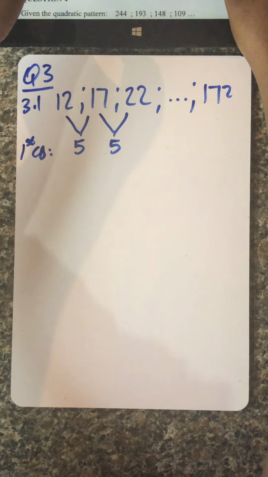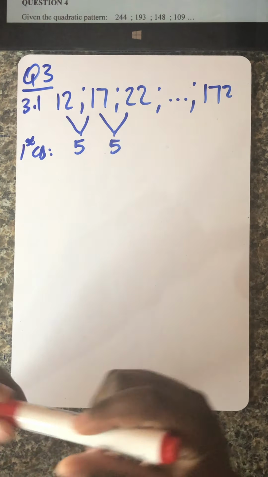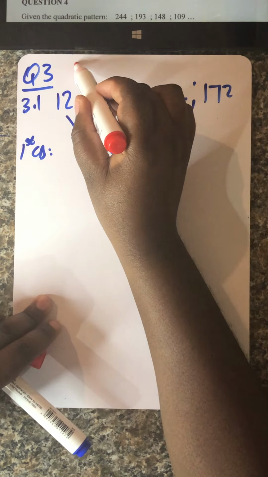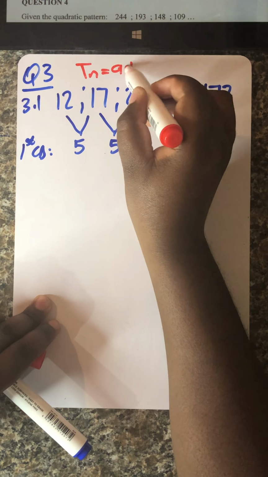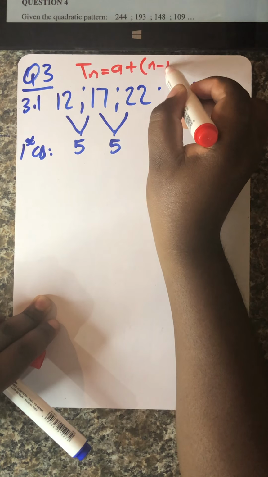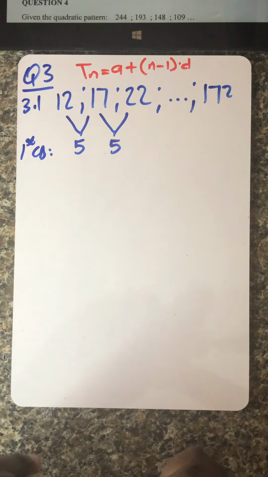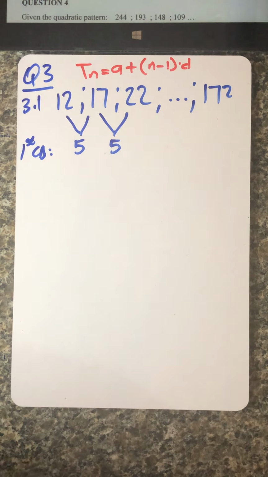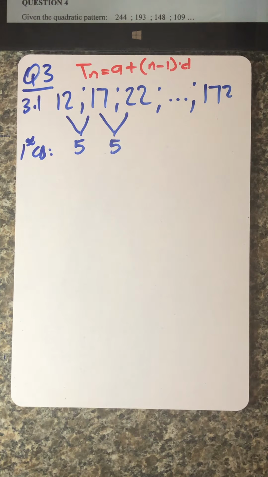They want you to calculate the nth term. Remember, I've just indicated that this is the formula that we'll be using: Tn is equals to A plus (n minus 1) multiplied by D.